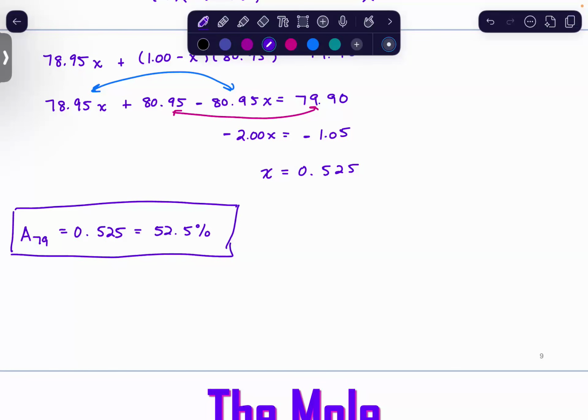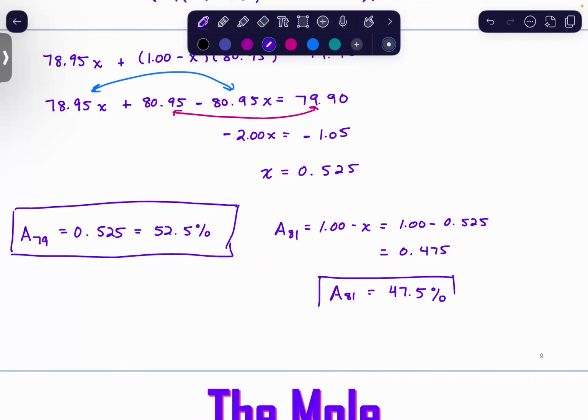All right, so then the abundance of bromine 81 is going to be 1.0 minus 0.525, which equals 0.475. So the abundance of bromine 81 is going to be 47.5%. So these aren't too bad to work with. Just make sure you practice, and you will get some practice on your next assignment.